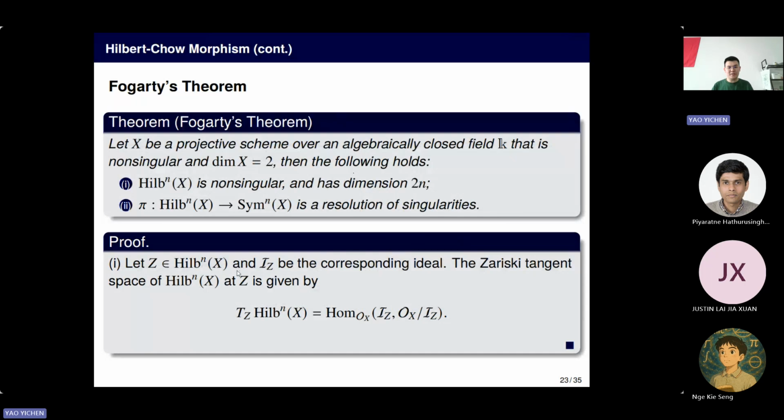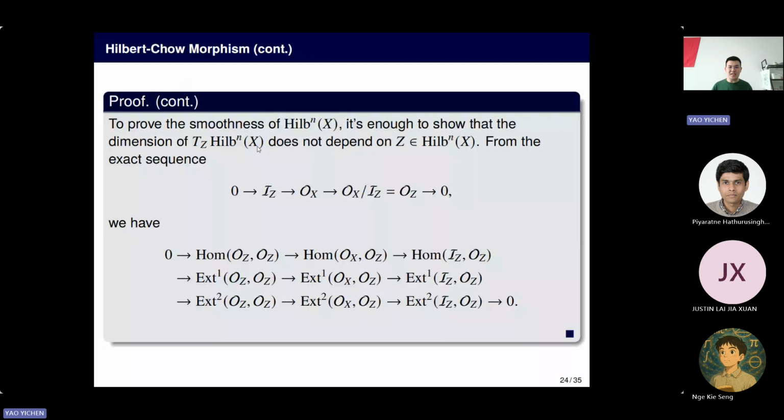And the proof, I haven't finished every detail, but the main idea is that the Hilbert scheme's tangent space is Hom(I_Z, O_X/I_Z), and we use the short exact sequence to form a long exact sequence and use this to conclude that the dimension is invariant.